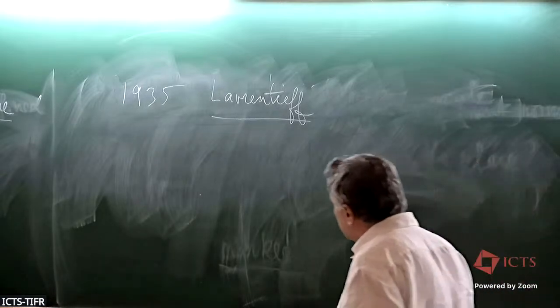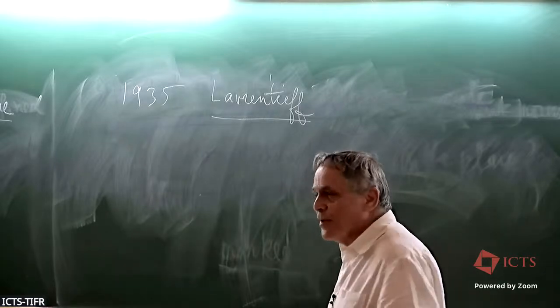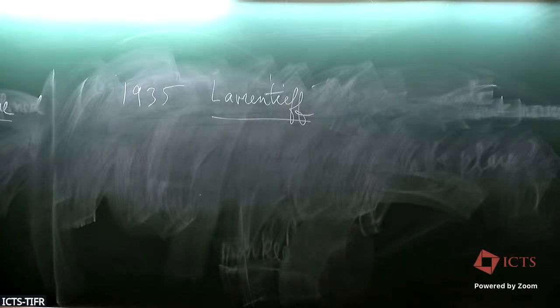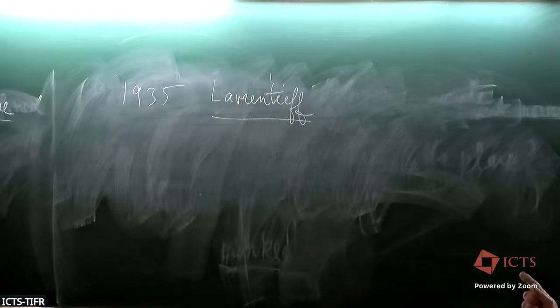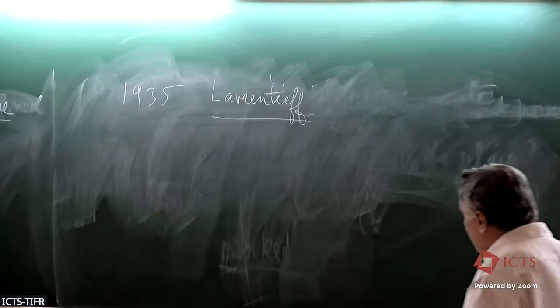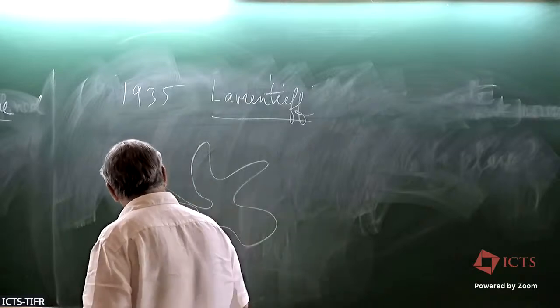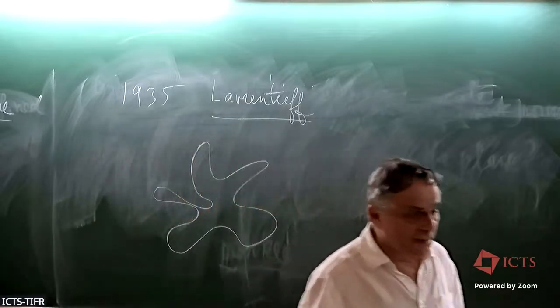So Lavrentiev has a paper on the type problem, asking how to find conditions necessary or sufficient for a surface to be parabolic or hyperbolic. That is, the universal cover of the surface, is it the complex plane or the disk? This is a very difficult problem, in fact, and then in one of these papers, he has a question, in fact. Of course, these people deal with the Riemann mapping theorem.